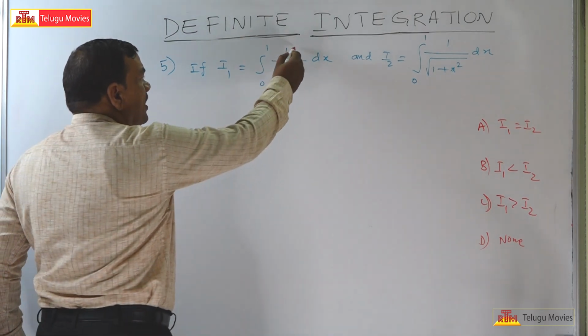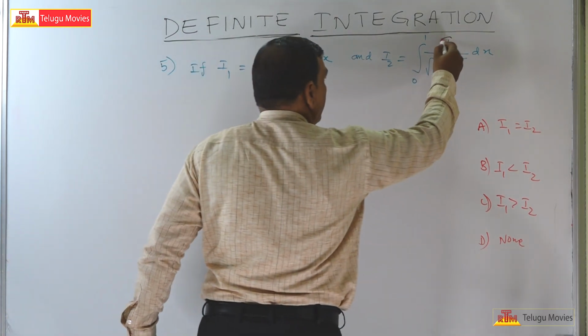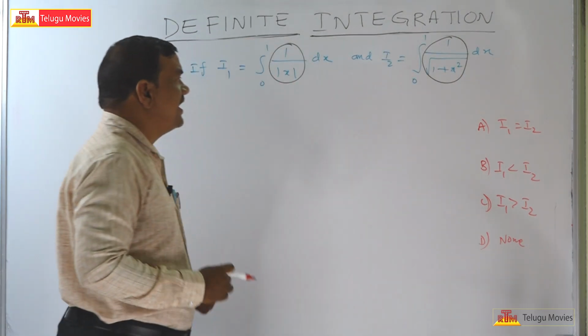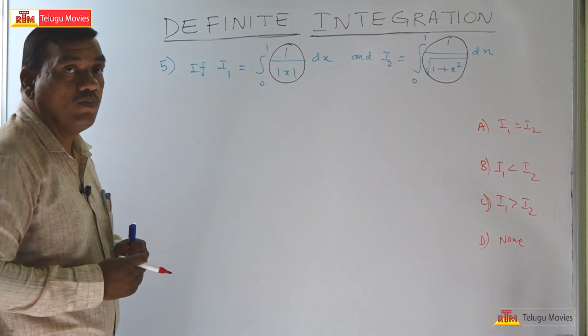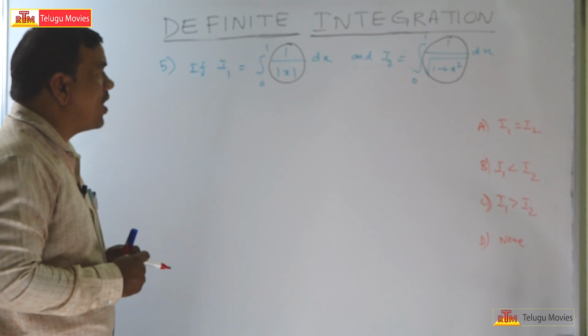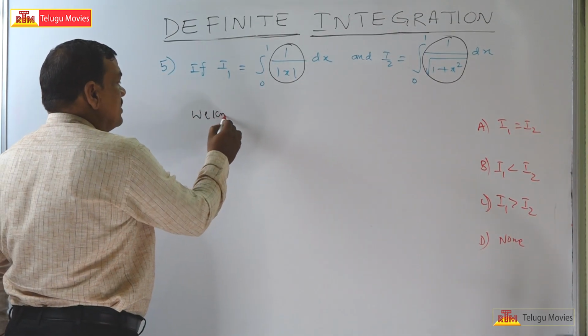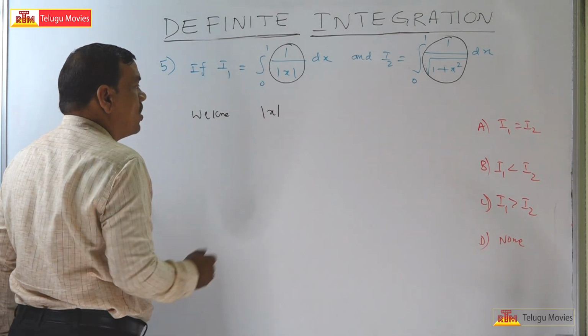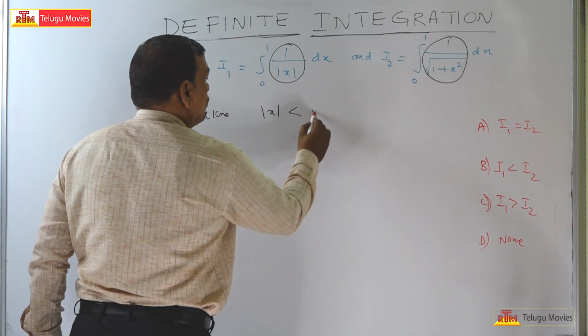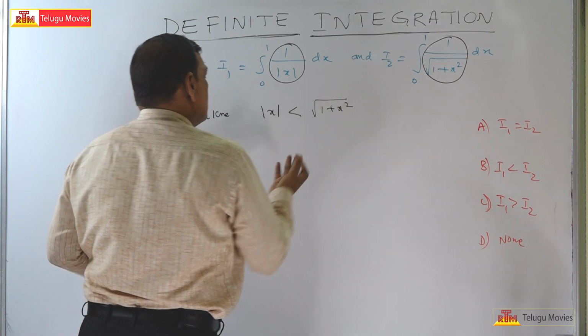See the integrands here. Here 1 by mod x, there 1 by root of 1 plus x square. As we know one result, what is that? Mod x is always less than root of 1 plus x square. You substitute any value.